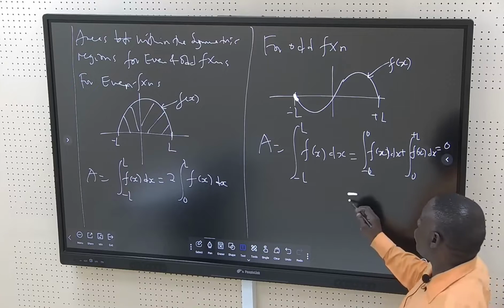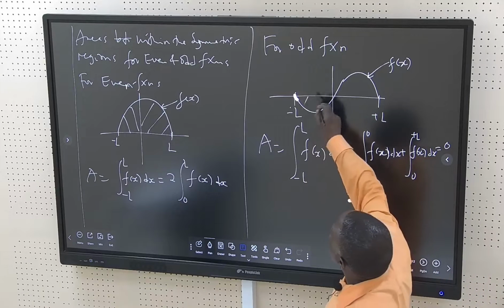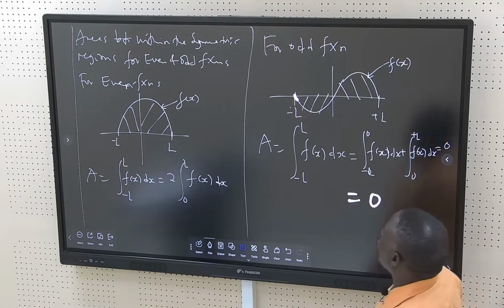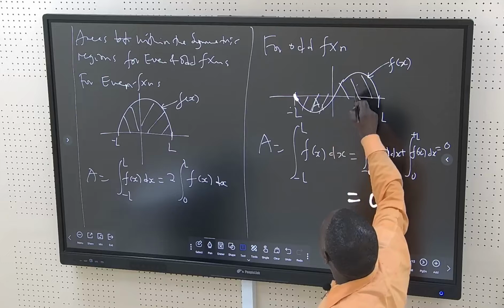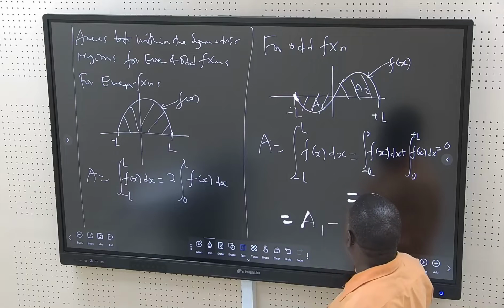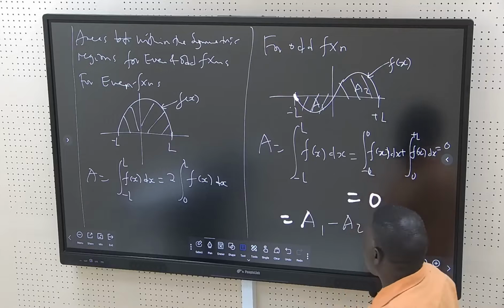Why does it equal 0? Because this region cancels with this one. It is just saying this is area 1 and this is area 2. It's the same as saying area 1 minus area 2, which equals 0.